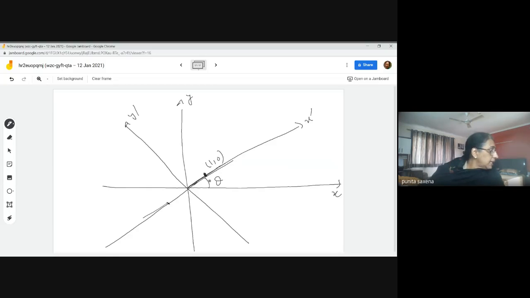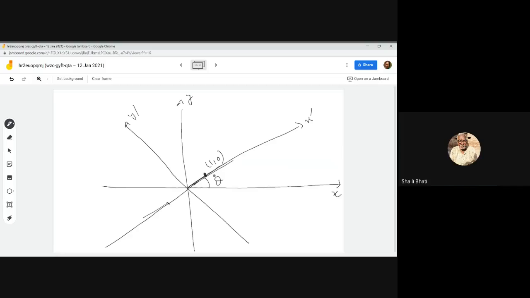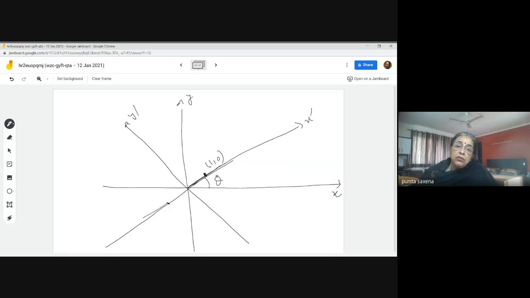ठीक है? अब ए कितना था? 3. ठीक है ना? तो इसका मतलब इसके राइट पे 3 यूनिट्स, 1 2 3, और इसके लेफ्ट पे 3 यूनिट्स, 1 2 and 3. ठीक है ना? और बी कितना था? 1. इसका मतलब अप नाउ 1 यूनिट. ठीक है? तो अब ये तुम्हारा जो बॉक्स बनेगा, something like this. इसको तुम टेढ़ा करके ही बना रहे हो ना?